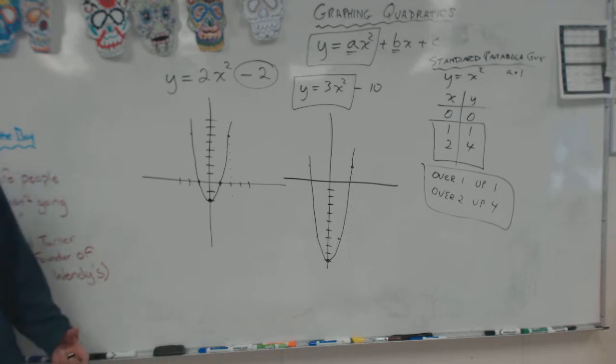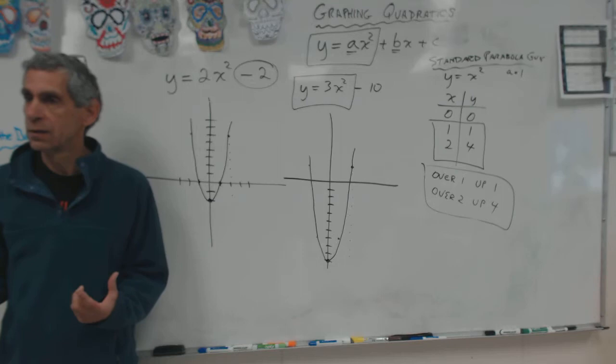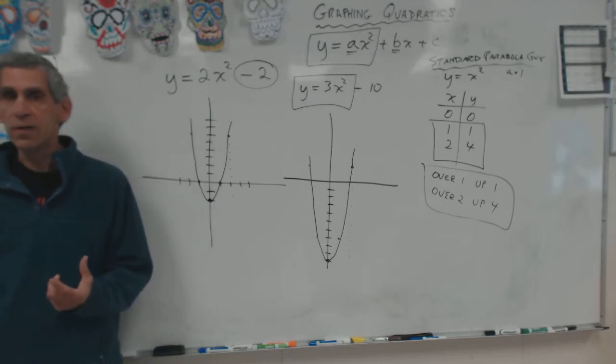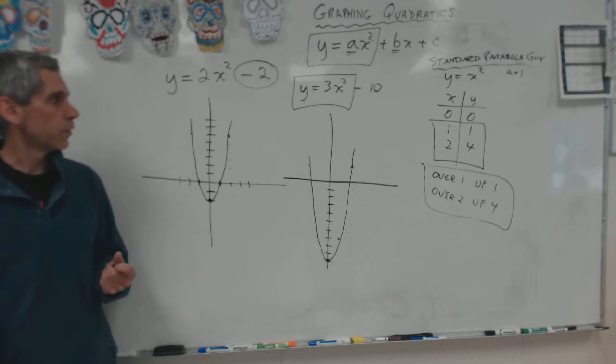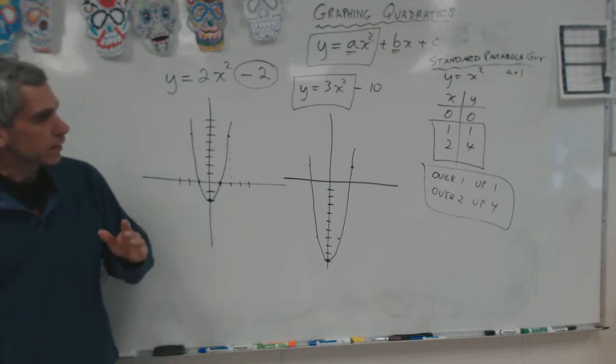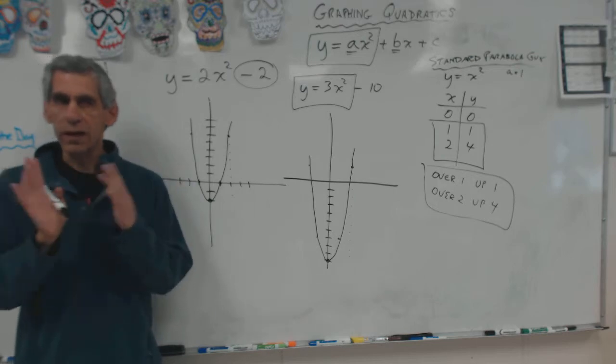So now, let's look at the B. The B adds a level of complexity, but it's not a huge amount of complexity, right? The B merely is going to move the vertex left or right.